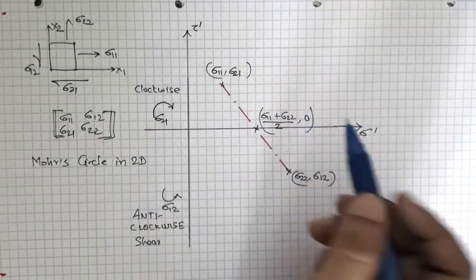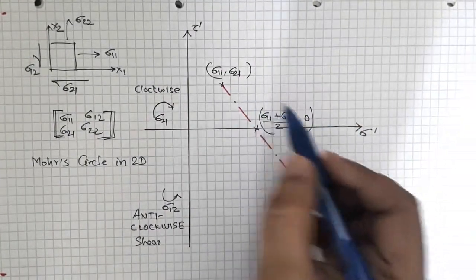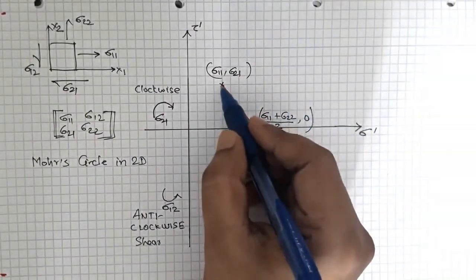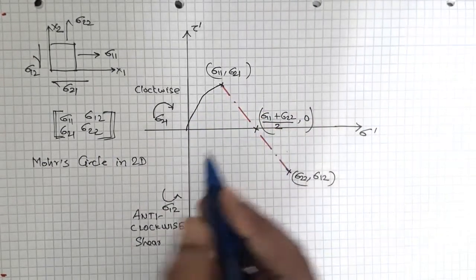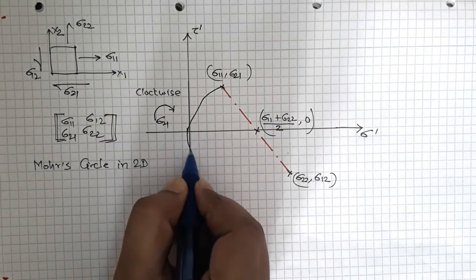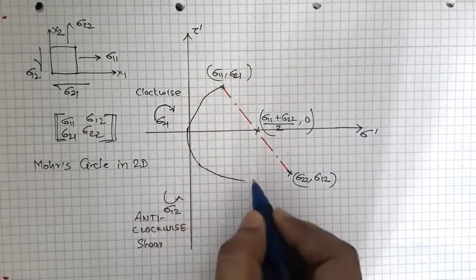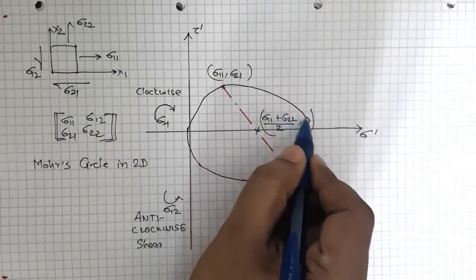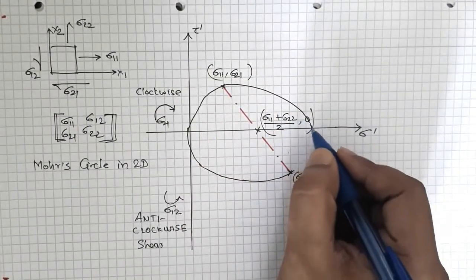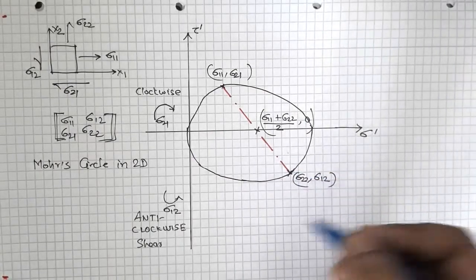So I have to draw a circle which may look like this, not that perfect in drawing a circle, but it will somewhat look like this.